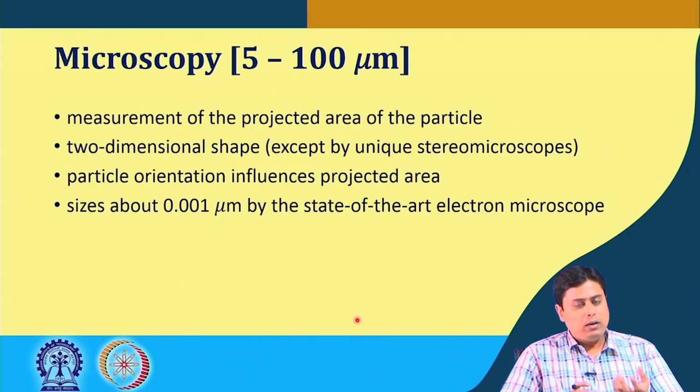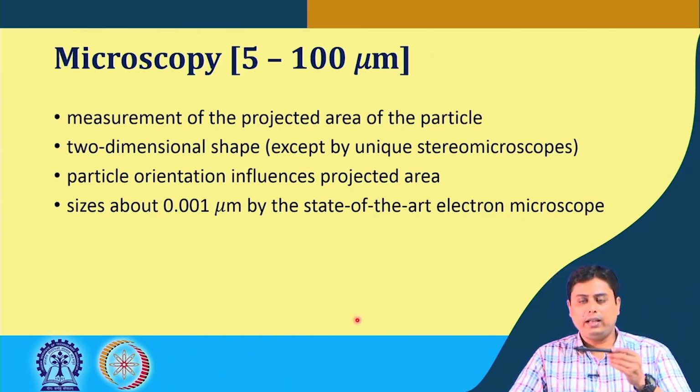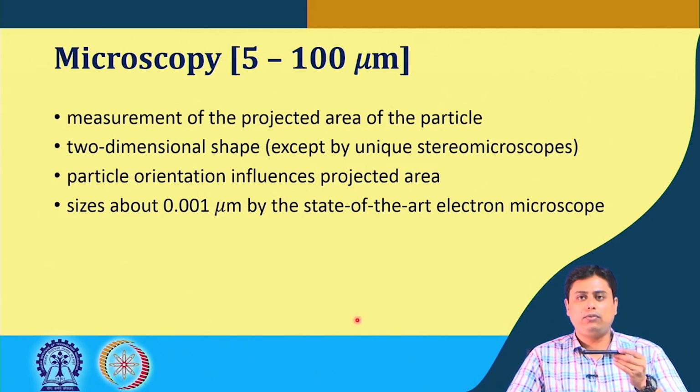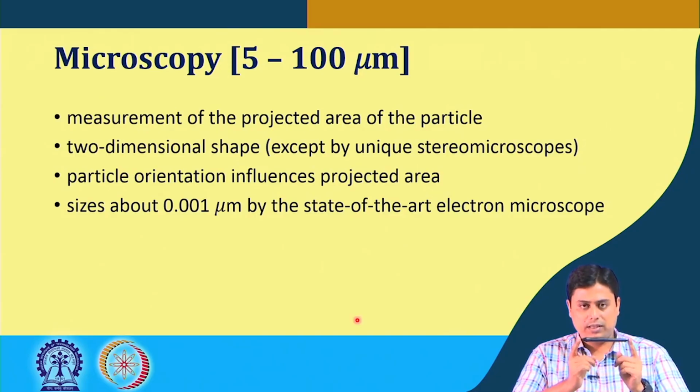So, the particle orientation, as I said during the sieving also, matters. If you see this type of particle under the microscope, you can determine its longitudinal distance, but if you put it like this, you can see only the top part of it, which you would see as a circular area.